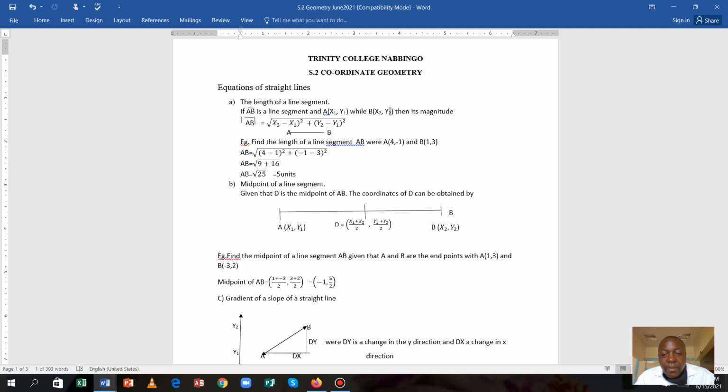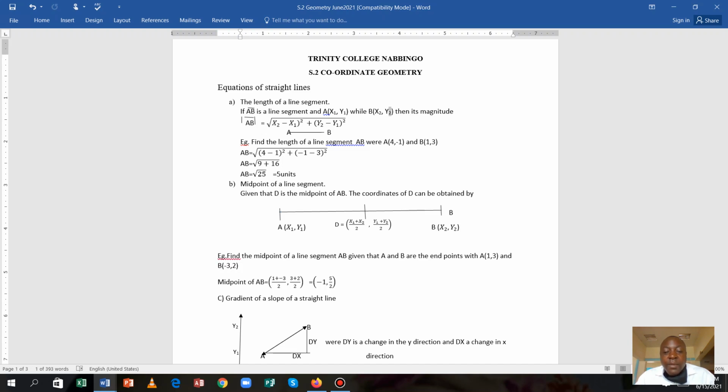We have an example where we are given A as 1, 3 and B as -3, 2. Finding the midpoint of AB, we sum 1 plus -3, the x coordinates, divided by 2, and we also sum 3 plus 2, the y coordinates, divided by 2.